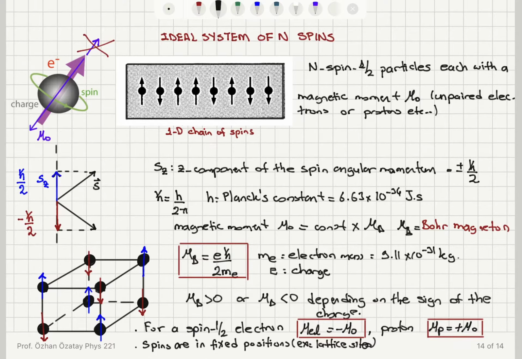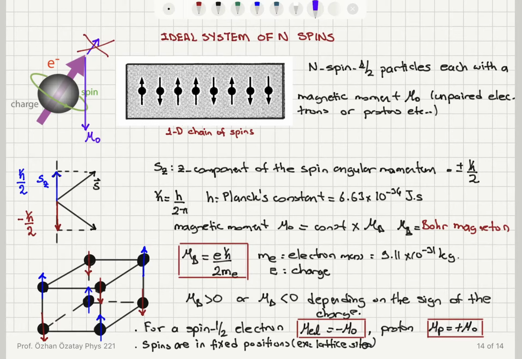So one thing I have to clarify here is that even though I have drawn this magnetic moment vector like this, we're always referring to the component on the z-axis. So when we say the corresponding magnetic moment here, we should consider the z component. So this would be the magnetic moment mu 0 corresponding to this electron spin.